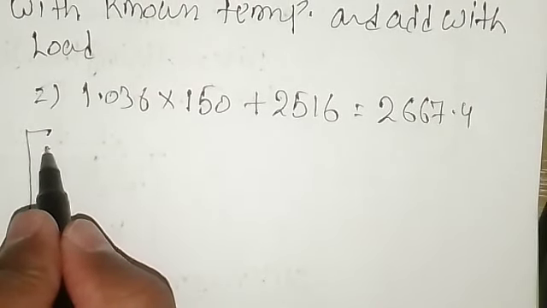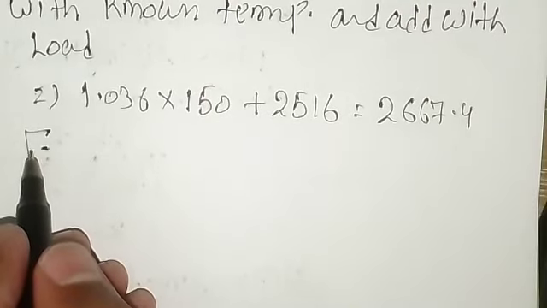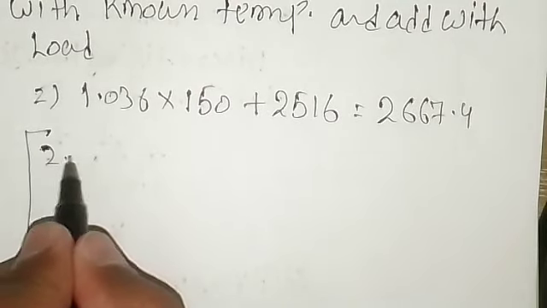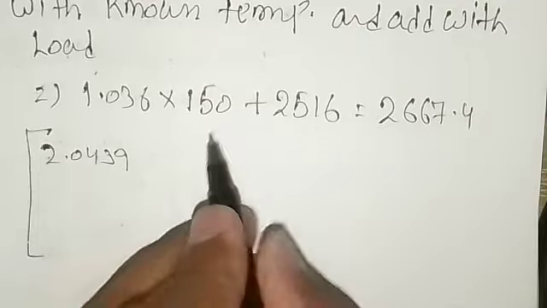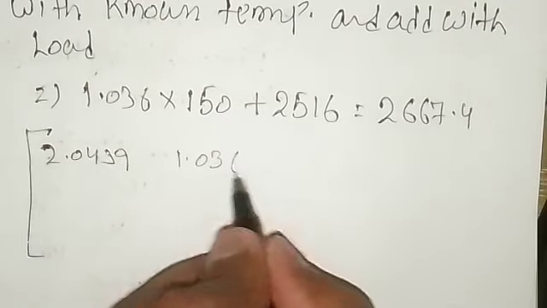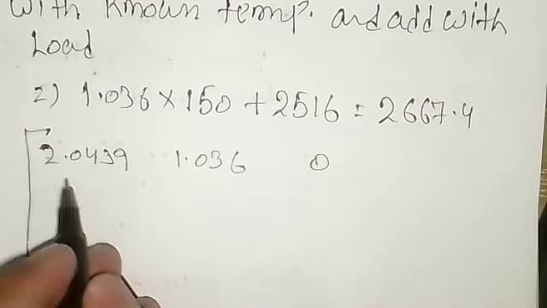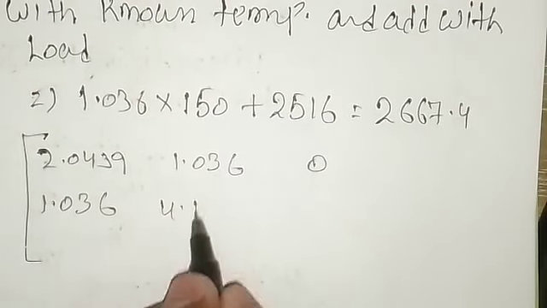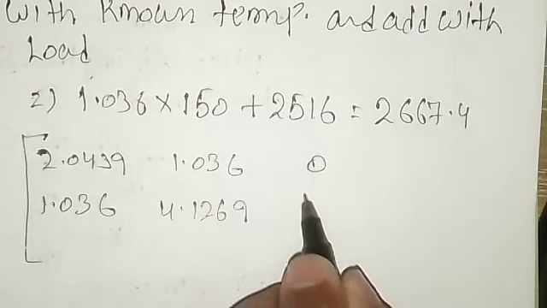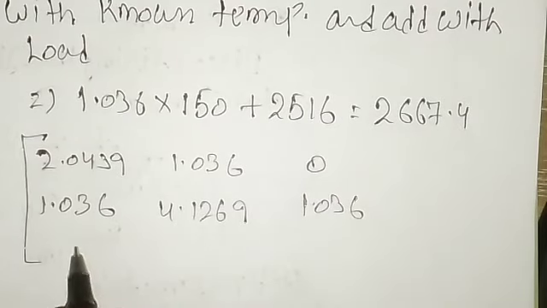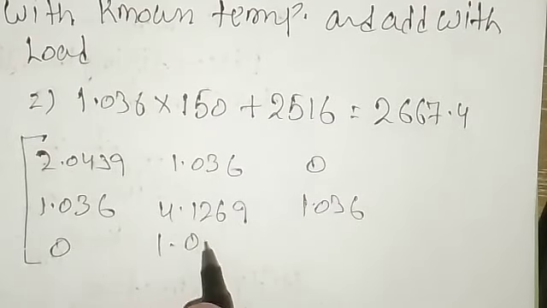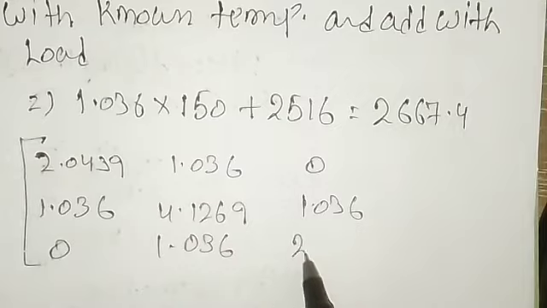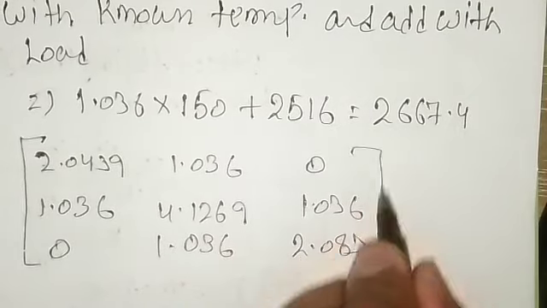Again we can write down this equation here: 2.0439, 1.036, 0; 1.036, 4.1269, 1.036; 0, 1.036, 2.083, right?